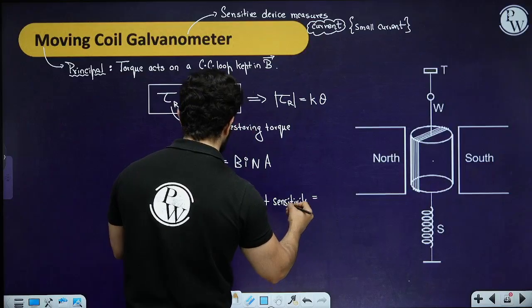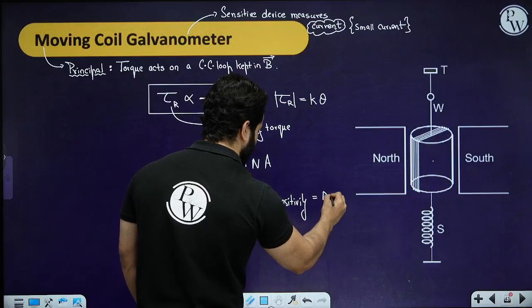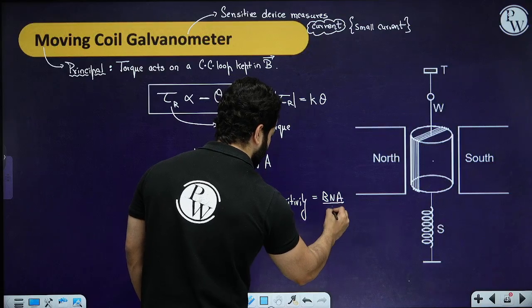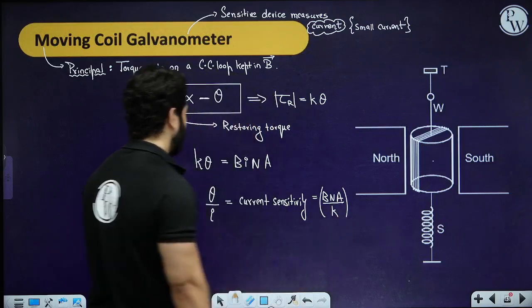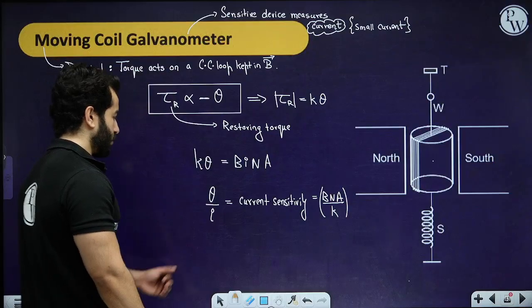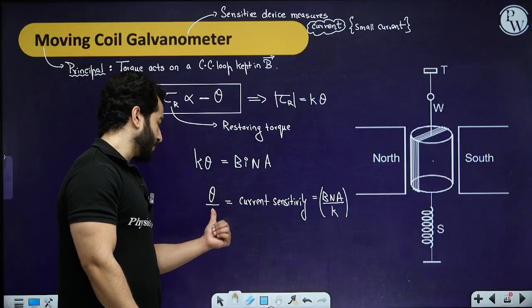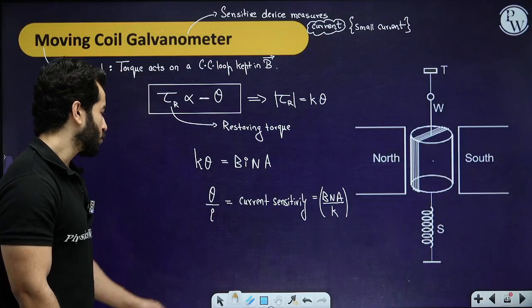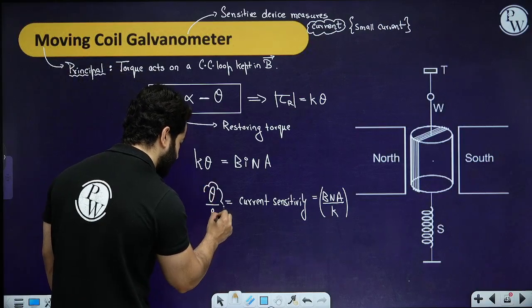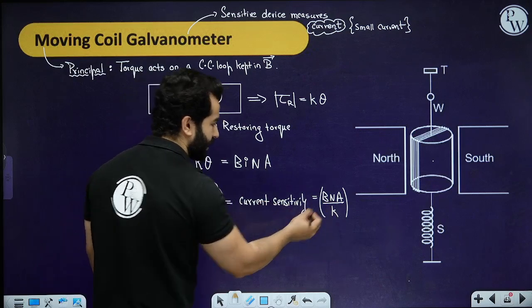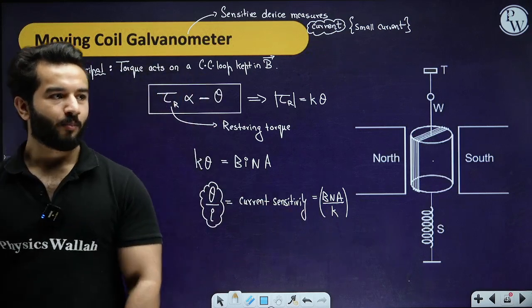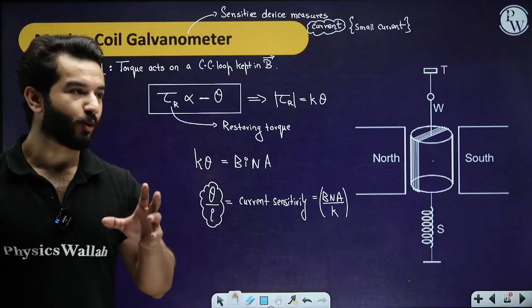Theta upon I will be BNA upon K, which is actually the current deflection per unit current. So if you want to increase current sensitivity, you can increase the number of turns, but by increasing the number of turns, resistance will also increase, right?